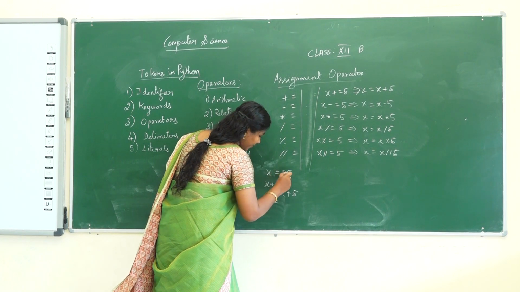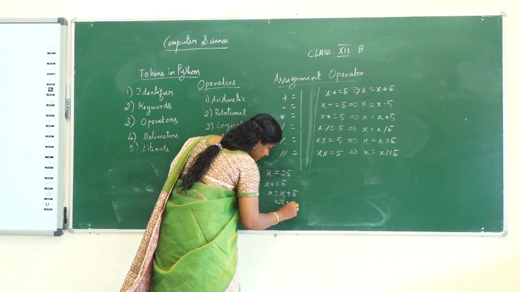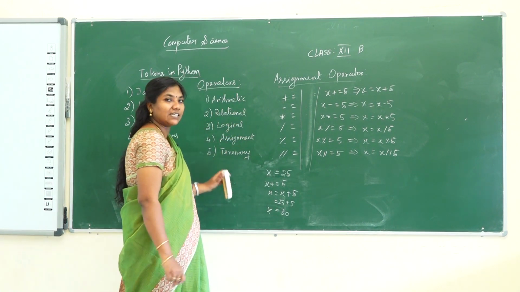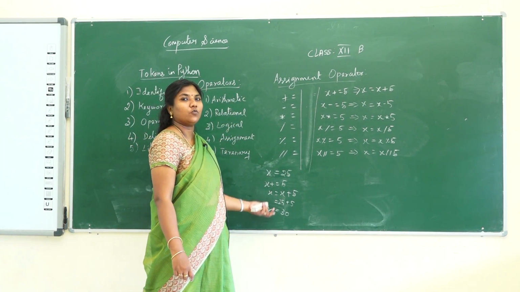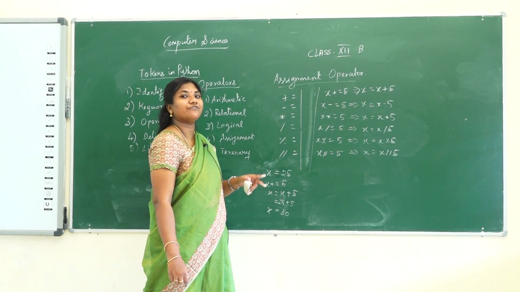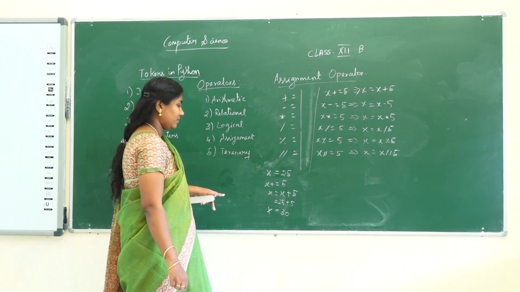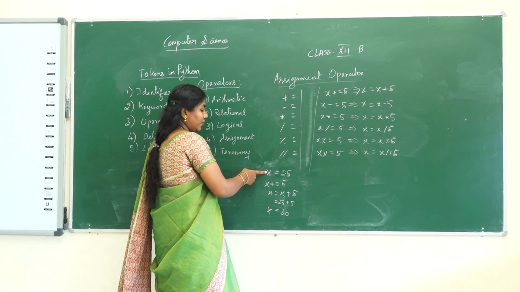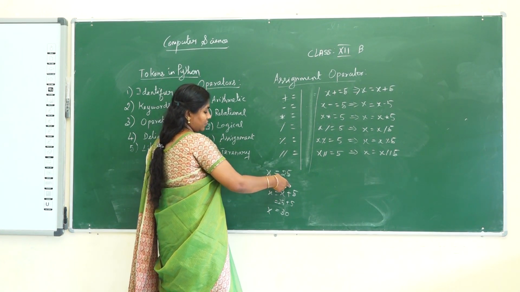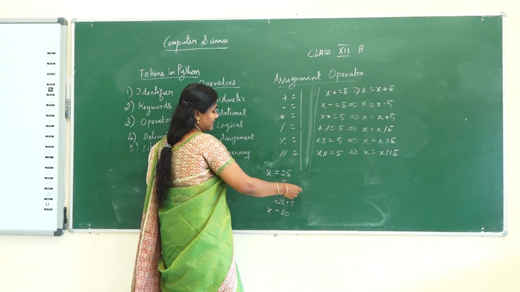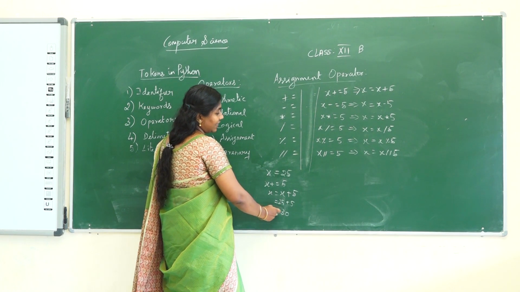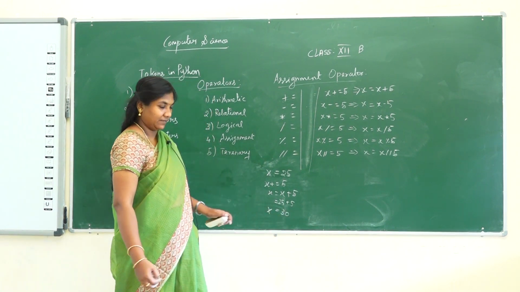Already I have the value 25 in x, so 25 plus 5 gives 30. So the new value of x is 30. If after two or three lines I perform any operation with the variable x, then the value of x will be 30. So first I had x equal to 25, next I did the operation x plus equal to 5, which means x is equal to 25 plus 5. Therefore the value of x is 30.